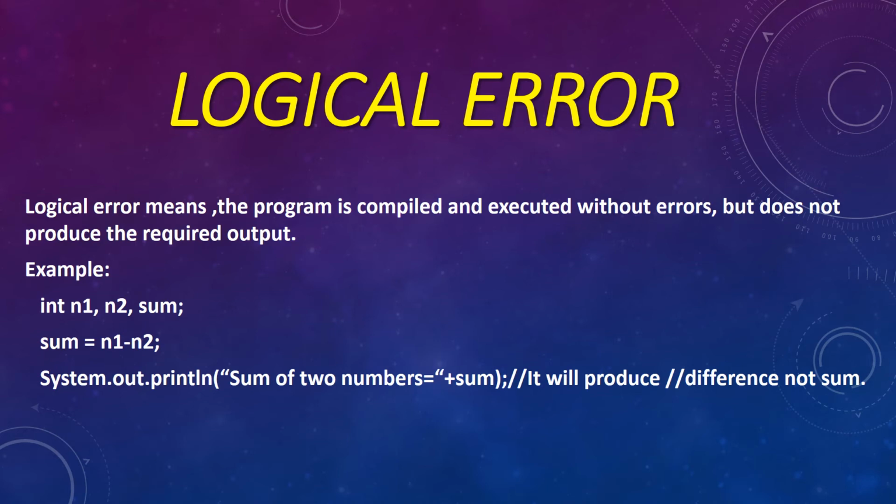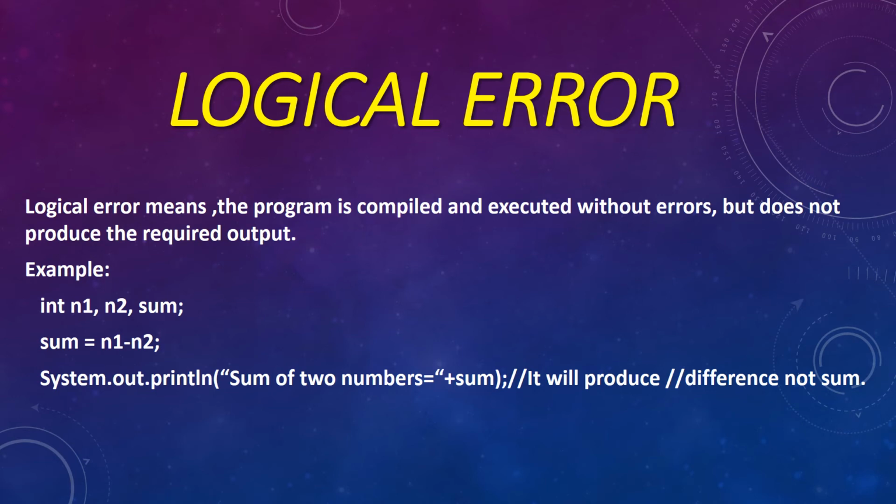Next is logical error. What is a logical error? A logical error means there is no error shown during compilation time or at run time, but it will not give you your required output, your desired output. For example, I have three variables n1, n2 and sum.